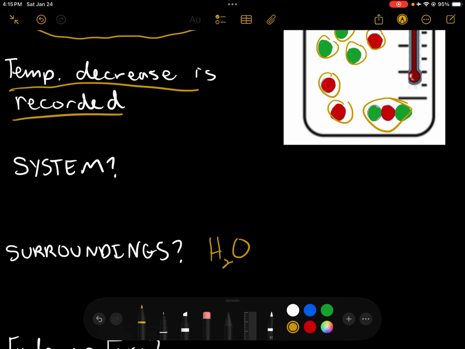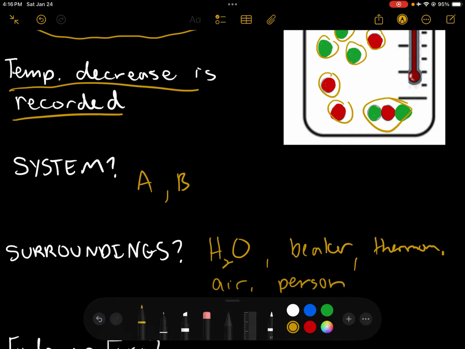And remember, we define a system as the chemicals that are actually reacting. Another piece of the surroundings would be the beaker. Another piece of the surroundings would be the thermometer, and I'll abbreviate that. Another piece of the surroundings would be the air that surrounds the beaker. If somebody were holding that beaker, the person would be part of the surroundings, etc., etc. The only thing that's part of the system would be your chemicals. So A, B, and A2B.